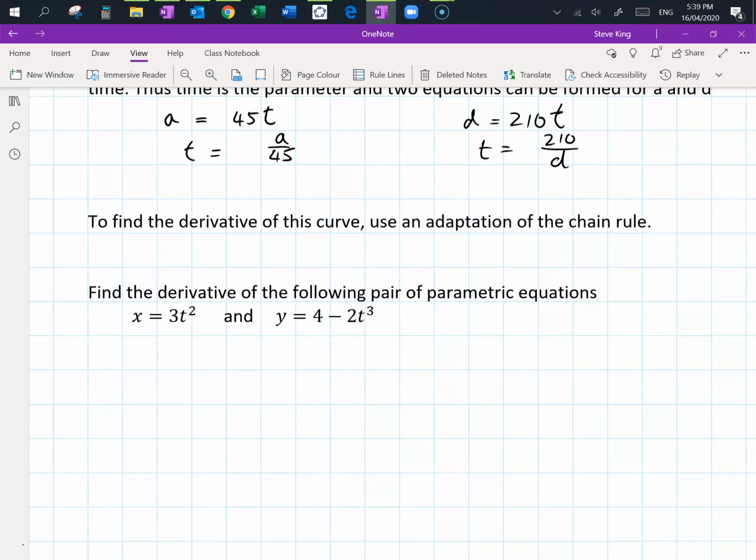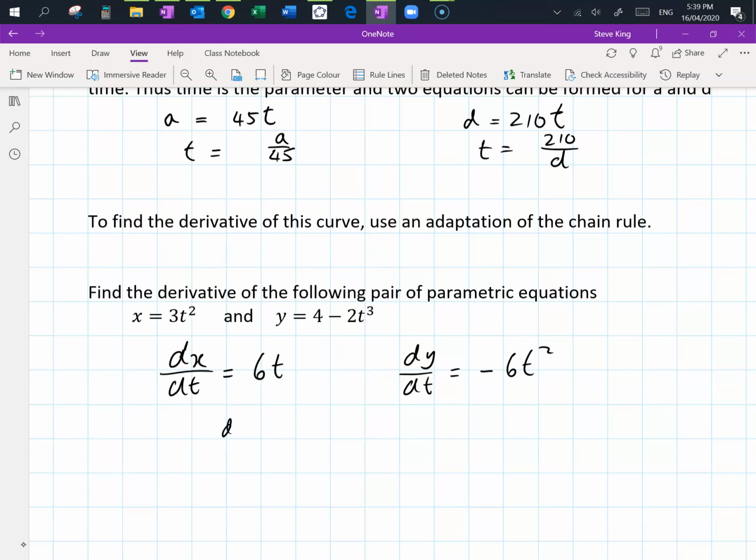Well, each of these I can differentiate. I can say dx/dt, the derivative of x with regards to t, that's going to be 6t. Whereas over here, dy/dt, the derivative of y with regards to t, that's going to be minus 6t squared.